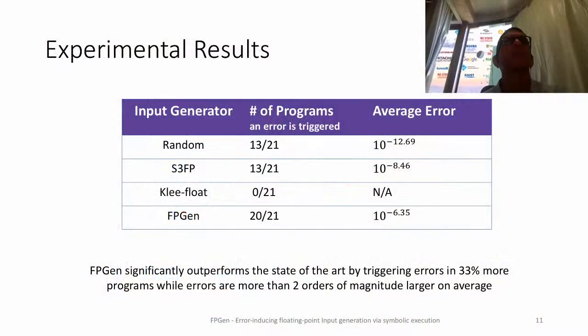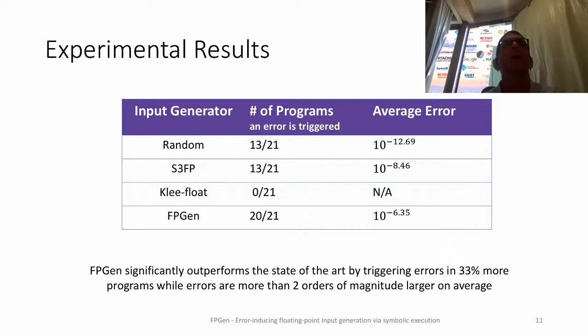So I was impressed. If you can go back a few slides to show the performance of the baselines, random against FPGA, right? I was impressed with the number of errors that random was able to capture.